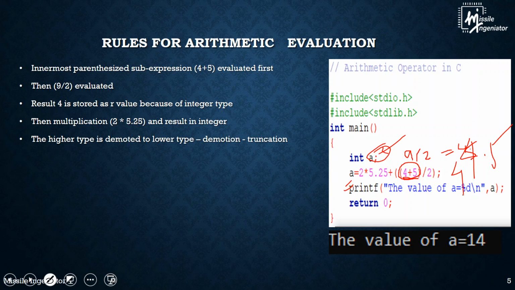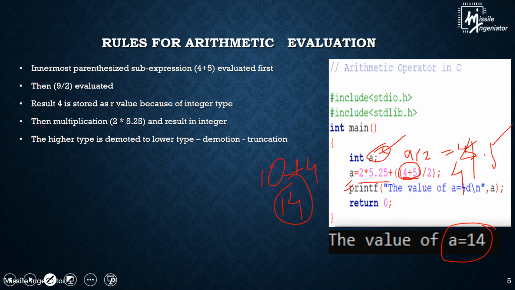That is why the value is demoted from 4.5 to 4. Then, when you multiply 2 and 5.25, you get 10.5, but again the integer stores only 10. So now 10 plus 4 is calculated as 14. That's what we got as the value 14.